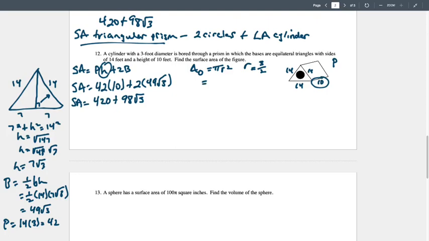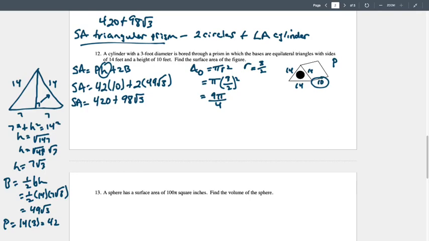I'm going to keep it exact. So it's going to be pi times 3/2 squared. You can get a decimal if you'd rather. 1.5 squared is 2.25. But I'm going to just square that. So 3 squared is 9 with a pi attached and a 4. I'm going to keep it like that for now.